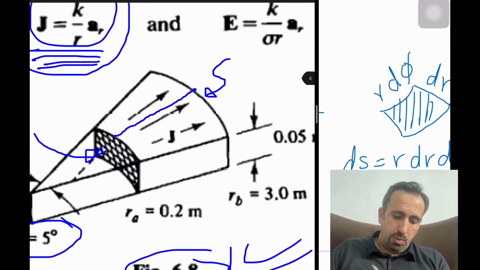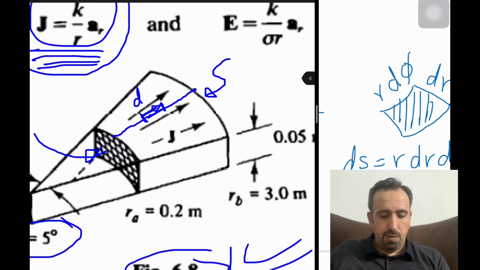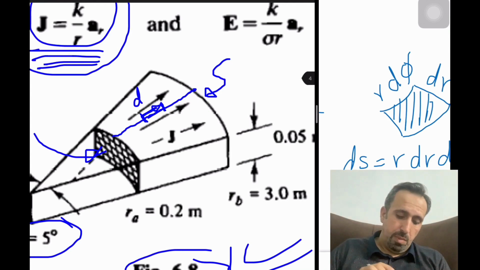So what will be the differential length of this? If you take a piece of this straight line, it will be d something. Which variable here will be changing? Sure, it is not phi, not z, but just r.